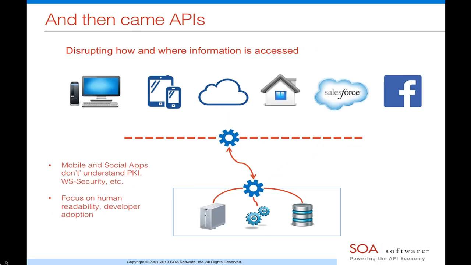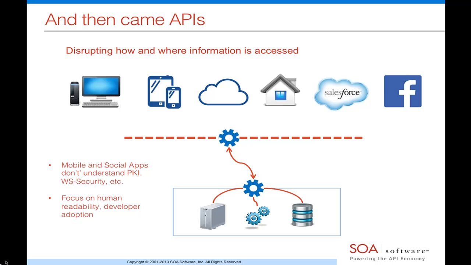But then came the APIs somewhere around mid 2005, and they disrupted how and where the information was being accessed, which is essentially all the different channels that I just talked about. To make your products and services available across all these channels, it was important that you made adoption really easy, because most companies don't have the resources to surface their applications in all these channels.